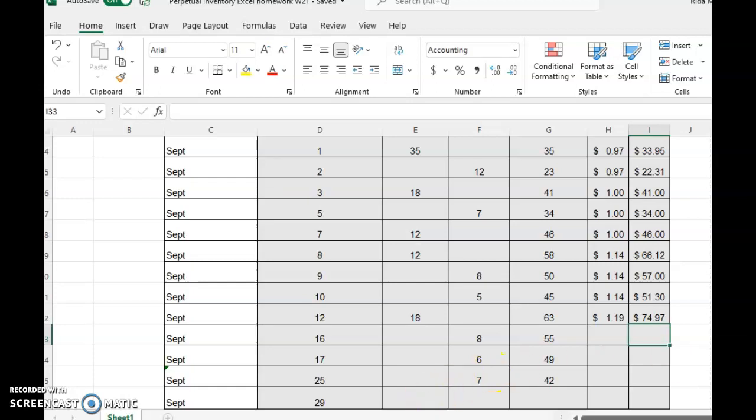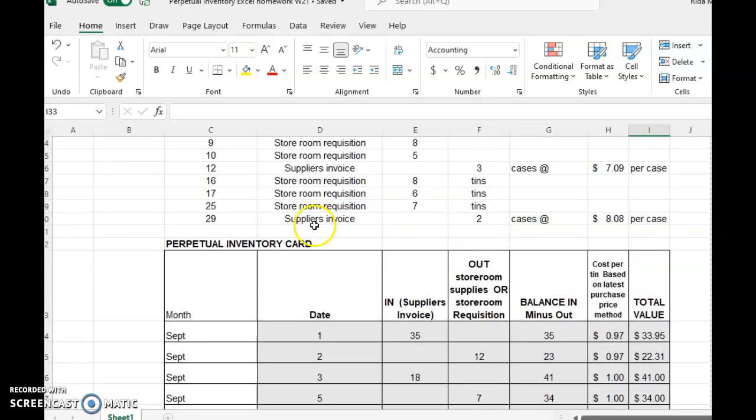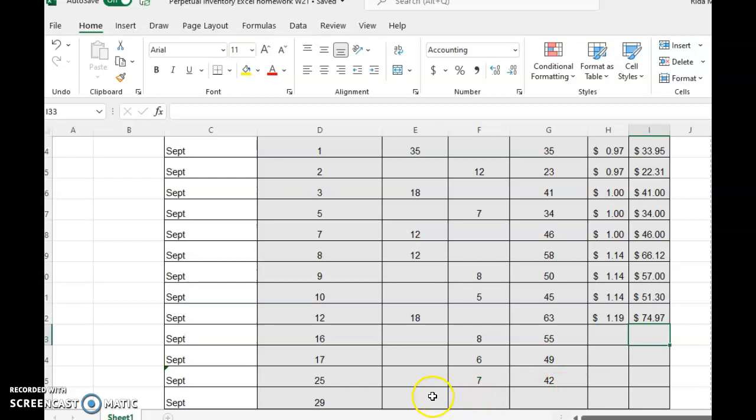And the last one, let's try doing the last one, and that's also supplies coming in. So there's 2 cases coming in, and that would be 2 cases, so 12 cans, and we would add that to our total value. I mean the balance in, so that would be 54.